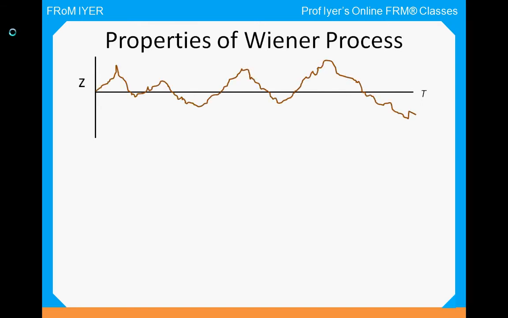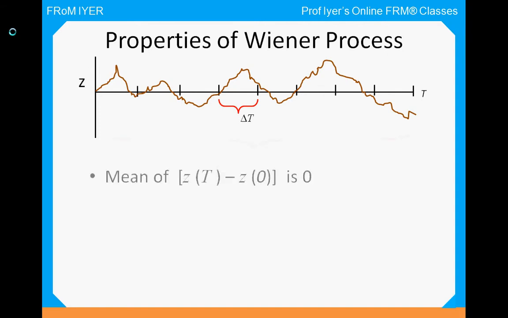So if time t on the x-axis is divided into smaller intervals of size delta t, then if we take the mean of the changes in z, that is the dz's in each of these intervals, the mean of that should be equal to 0, which means, in other words, the mean of zt minus z0 is equal to 0.